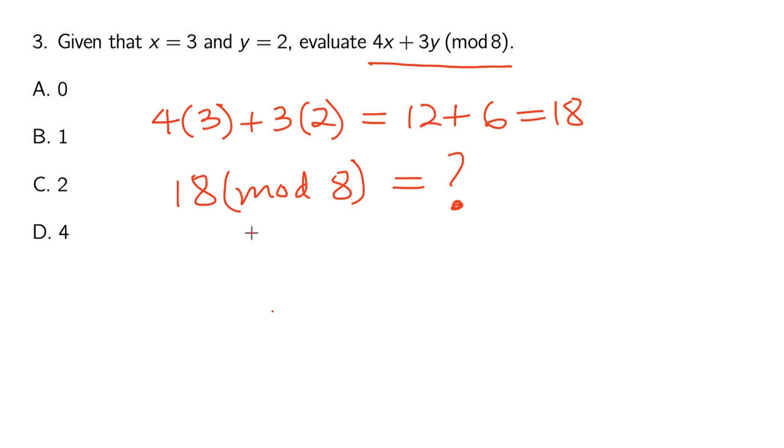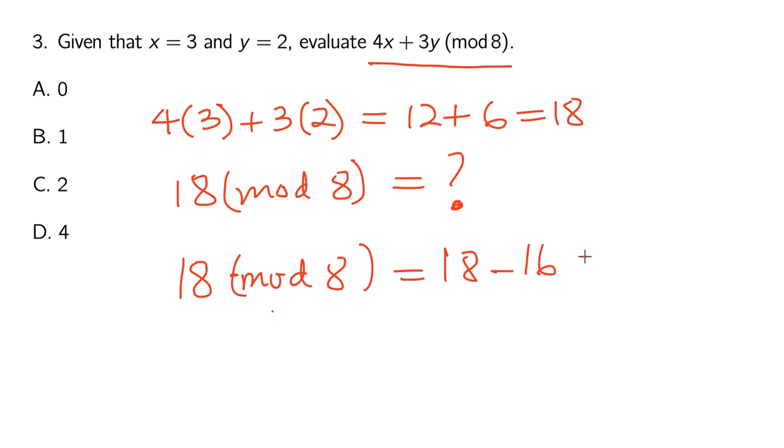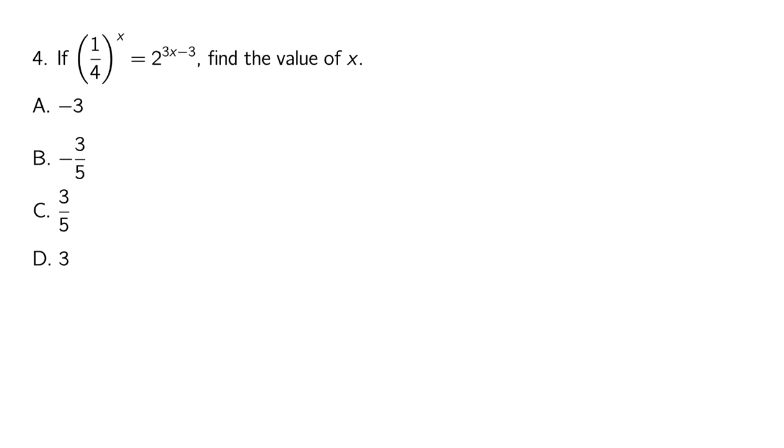And if we notice that the multiple of 8 that is closest to 18 is 16, then 18 mod 8 will be equal to 18 minus 16, which is equal to 2. So that's our result. The next problem, we have a question in indices.